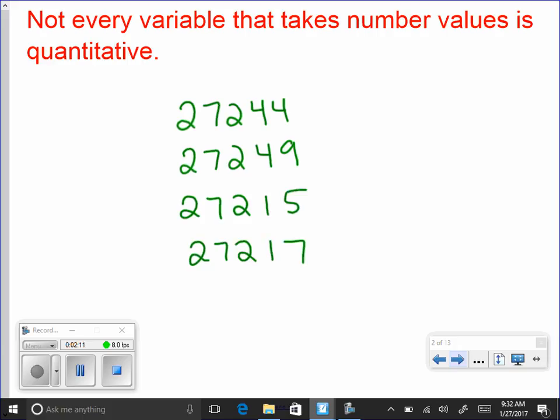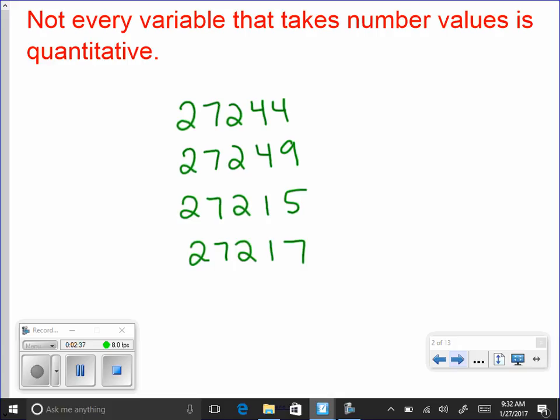In this area, people that go to Western could have 4 different zip codes depending on where they live. Would it make sense to take an average if we collected everyone's zip code in our class? No, it wouldn't. So this is actually a categorical variable, even though it has a numerical value.